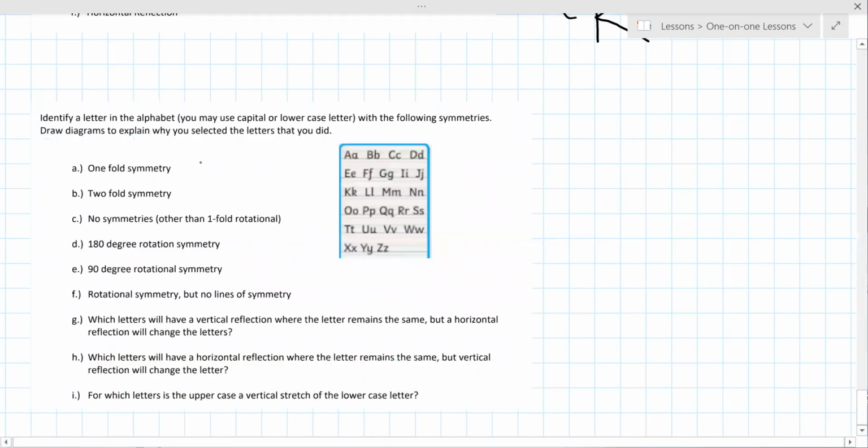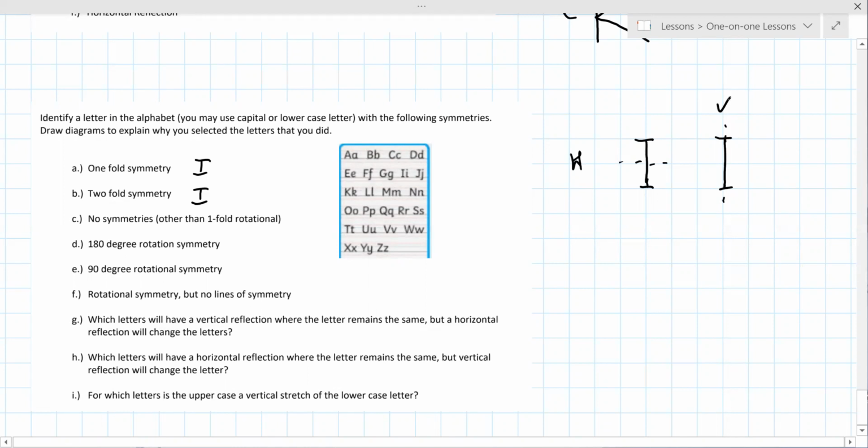I think the whole idea is, we could choose the uppercase I for one-fold symmetry, and it would work. But it also is two-fold symmetry because you can go horizontal or vertical. If you cut I this way, it's the same as cutting this way. You get both horizontal and vertical.